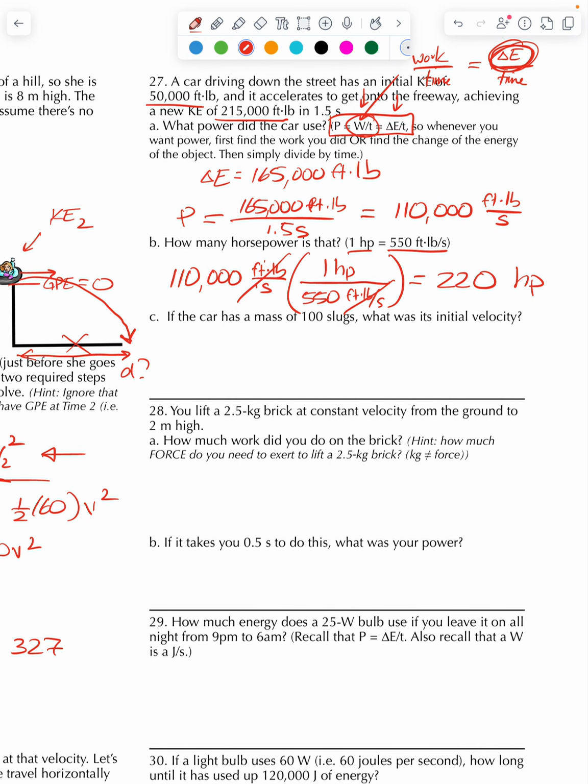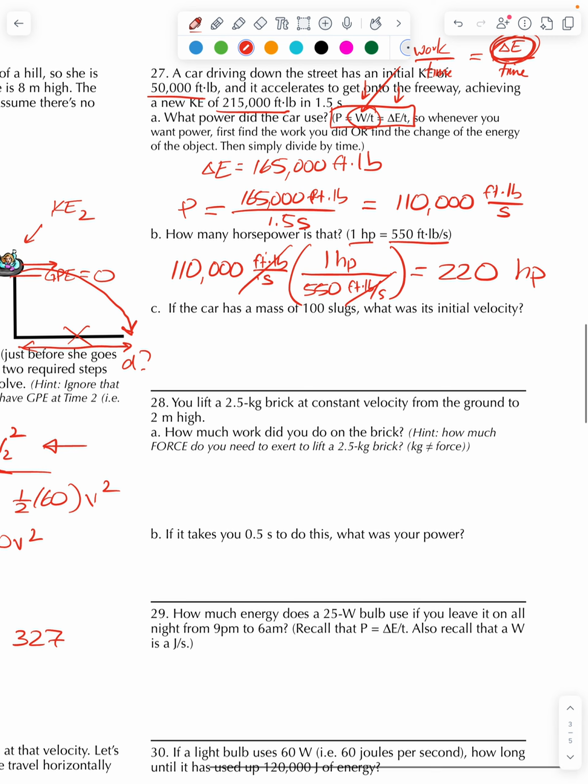And then practicing a little bit of kinetic energy and just kind of realizing how we can manipulate these numbers to solve for other things. If the car has a mass of 100 slugs, which is a reasonable mass for a car, what was its initial velocity? So remember, we said that the KE at the beginning was 50,000 foot-pounds.